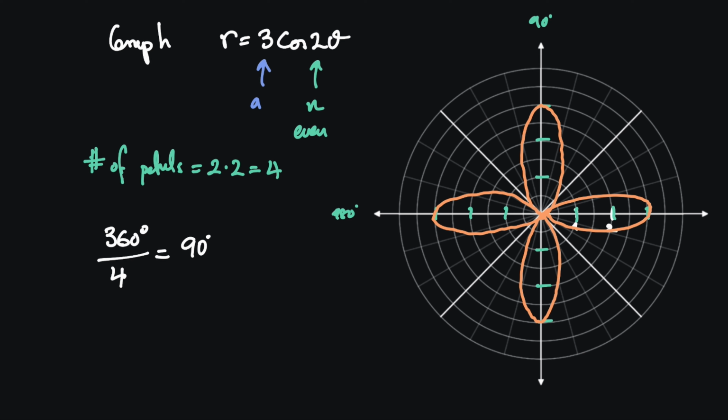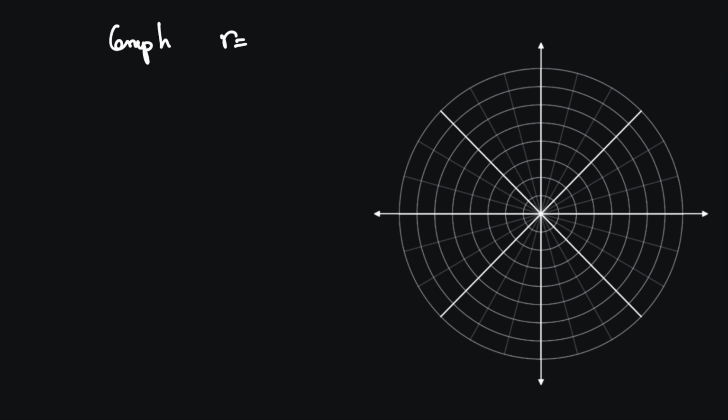Let's do one with an odd number of leaves. Let's suppose that we want to graph 3 cosine of 5 theta. All right, we're going to graph that. Again, this is A and this is N. But since it's odd, then we know that the number of petals is going to be equal to that same number, 5.